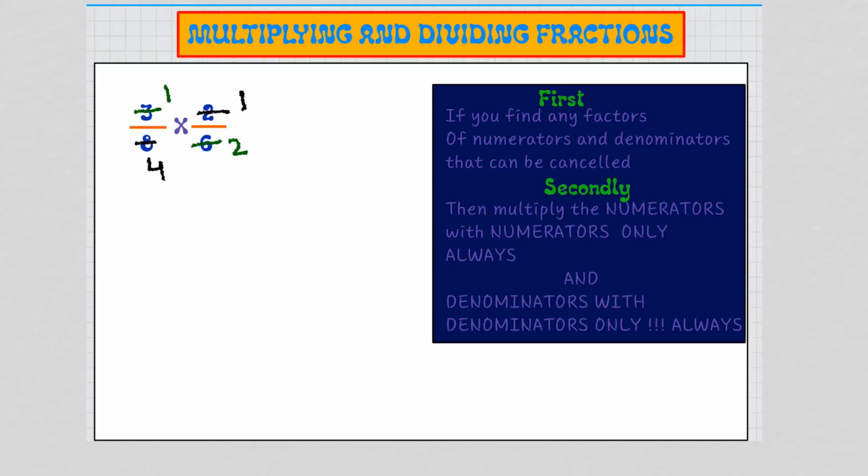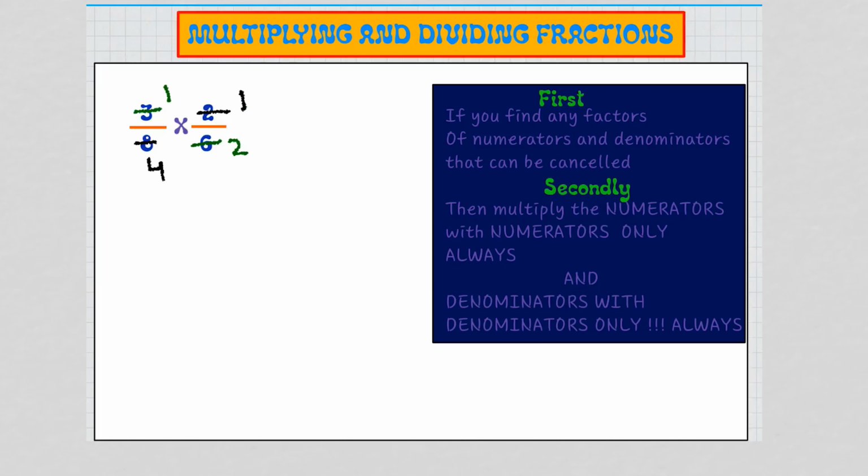So if you see what I did in this question, I looked for factors in both numerator and denominators, and then I cancelled them out. So first 3 and 6, which gives us 1 and 2, and then 2 and 8, which gives us 1 and 4.